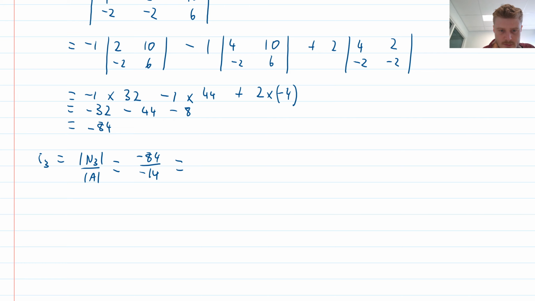So 84 divided by 14 is 6 amps. And so therefore the power that's dissipated in that 1 ohm resistor is just I squared R, so that's I3 squared times 1. So 6 sixes is 36 watts of power that is dissipated.